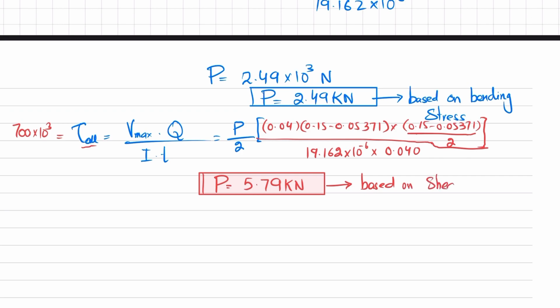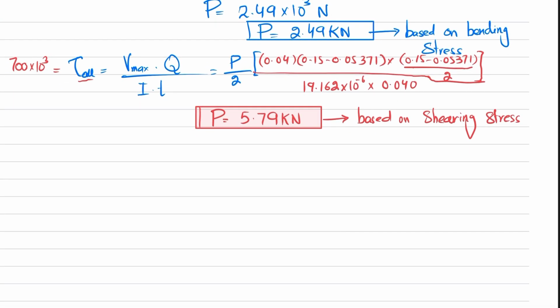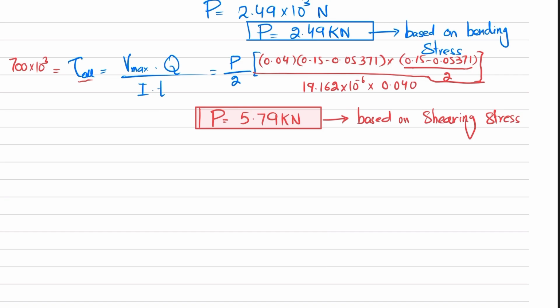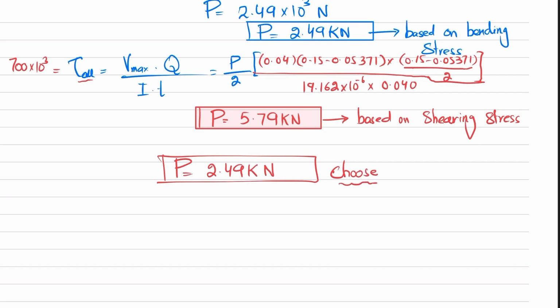So this force P is based on shearing stress. Now the question is which one to choose. So definitely our answer will be P is equal to 2.49 kilonewton. You have to choose that because this is the smallest value that can be applied on the beam, and it will satisfy the bending stress as well as the shear stress.